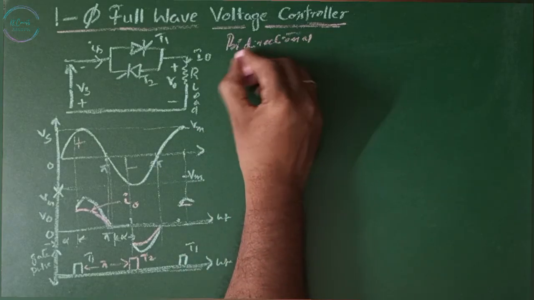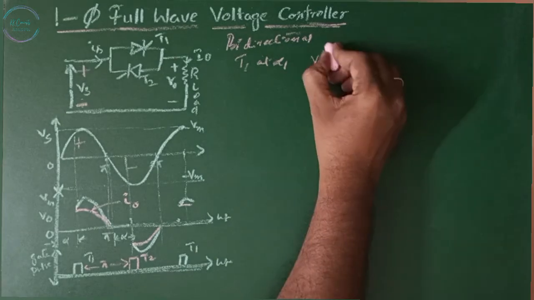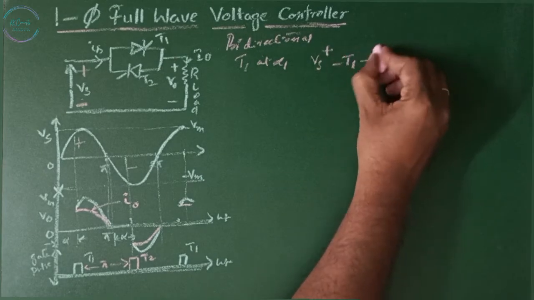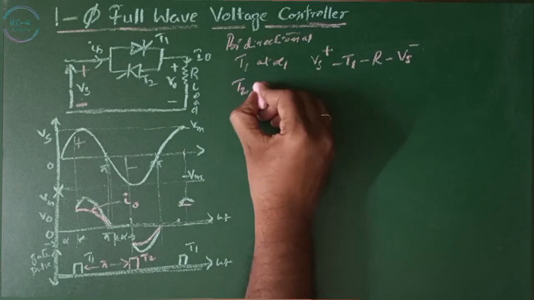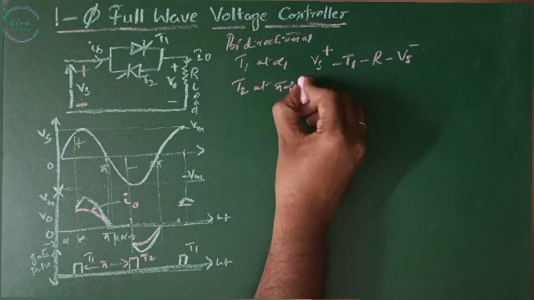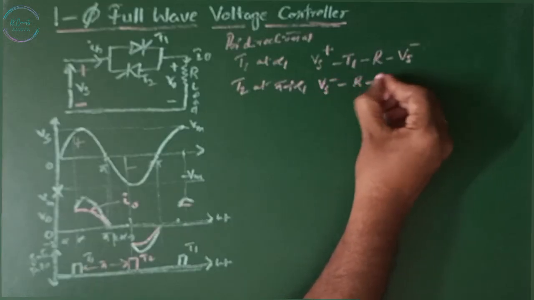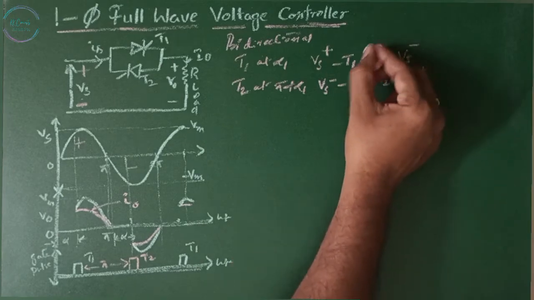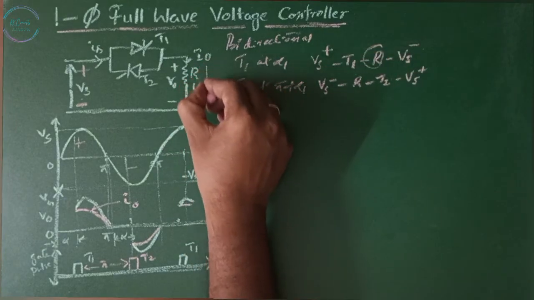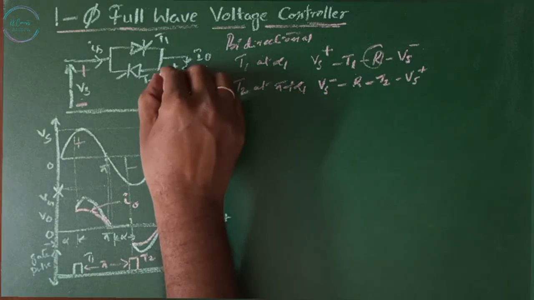So when T1 is fired at alpha 1, the current flow is Vs plus to T1 to load to Vs minus. When T2 is triggered at pi plus alpha 1, the current path is Vs minus to T2 to Vs positive. You can see at R, in the positive half cycle the current is coming from top to bottom, whereas in the negative half cycle the current is flowing in the reverse direction.